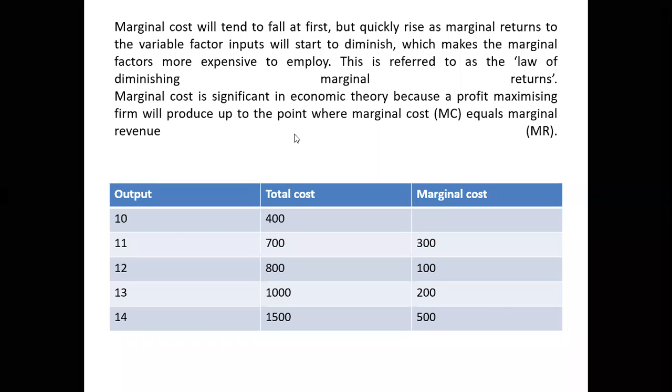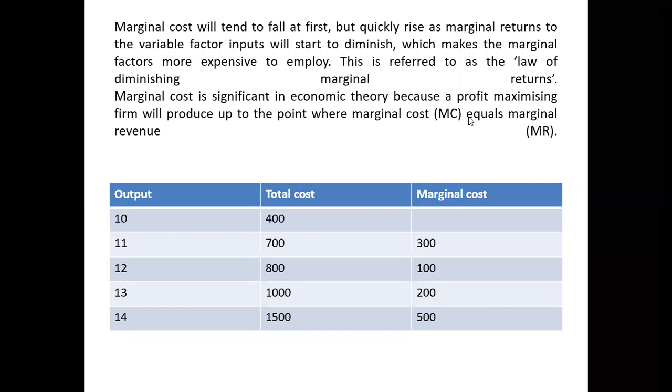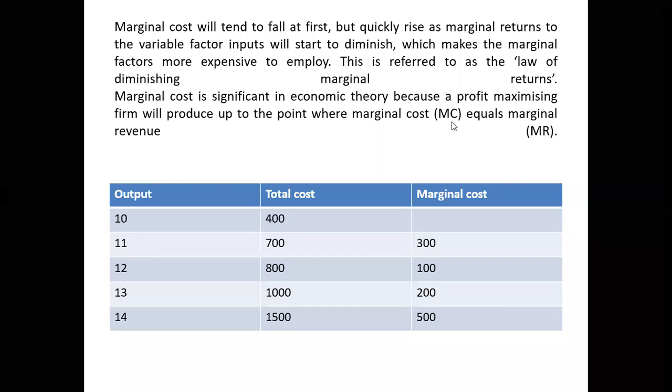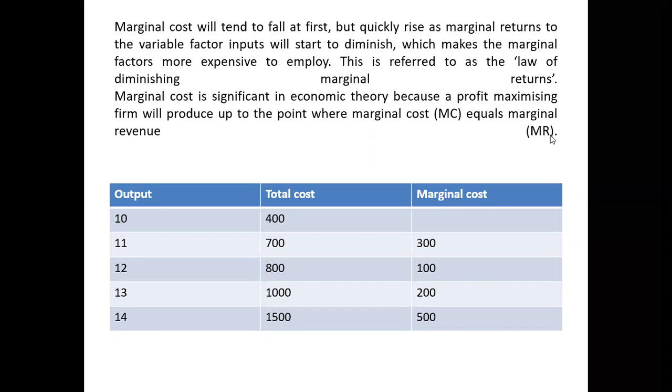Marginal cost is significant in economic theory because a profit-maximizing firm will produce up to the point where marginal cost equals marginal revenue. Why does marginal cost equal marginal revenue? We have various types of markets. There is one idealistic market, the perfect competitive market. In a perfect competitive market, whatever amount of commodity we produce, we always sell at the production cost.